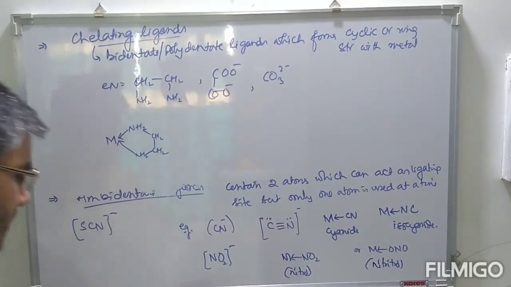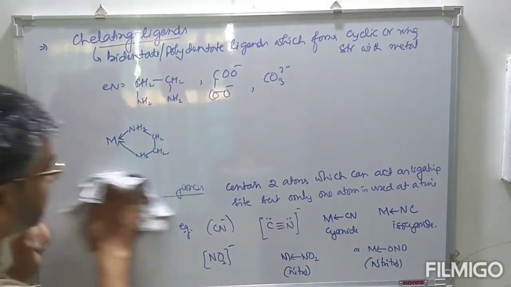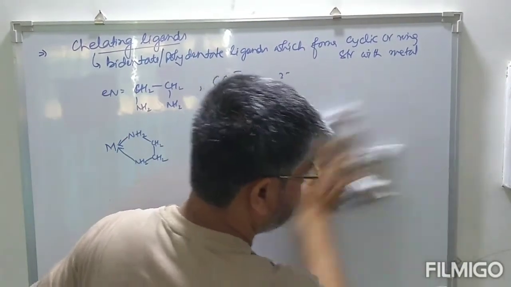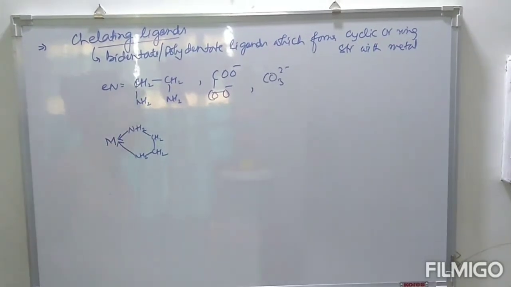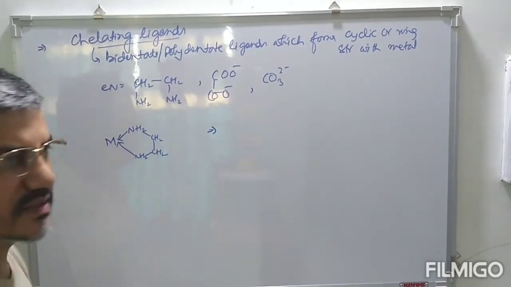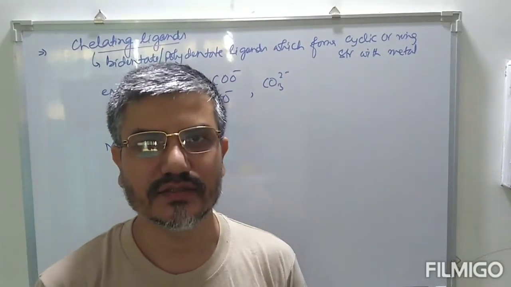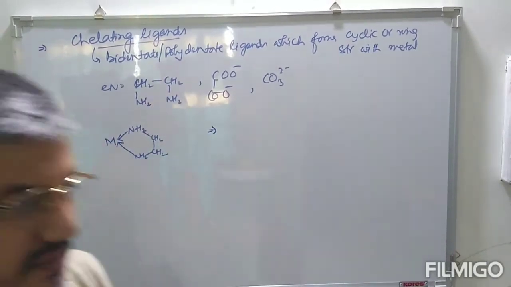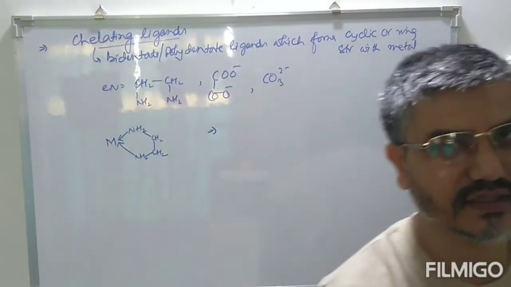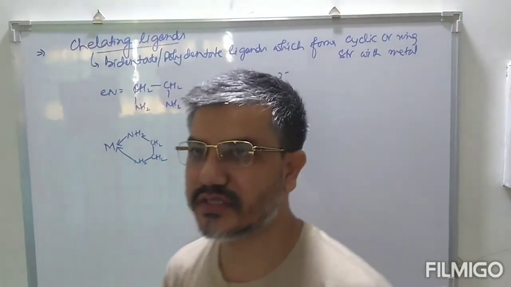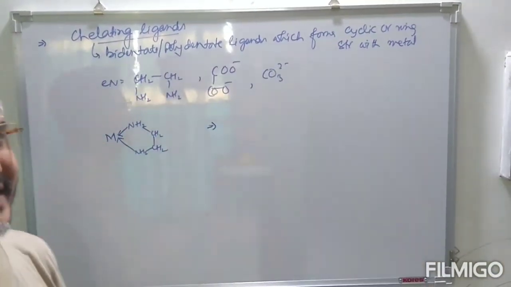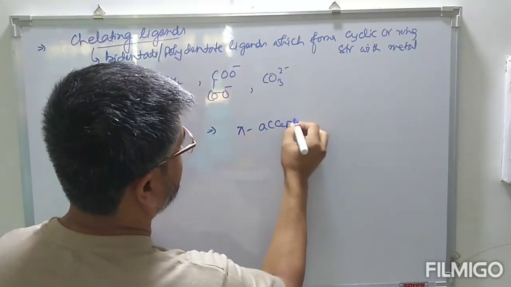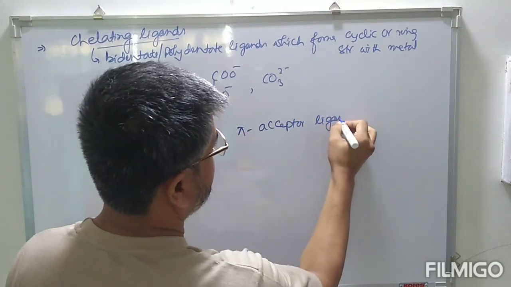Now another category of ligand. Some ligands, apart from showing donor properties, also show acceptor property. These ligands contain pi anti-bonding orbitals through which electrons can be accepted. These are pi acceptor ligands.